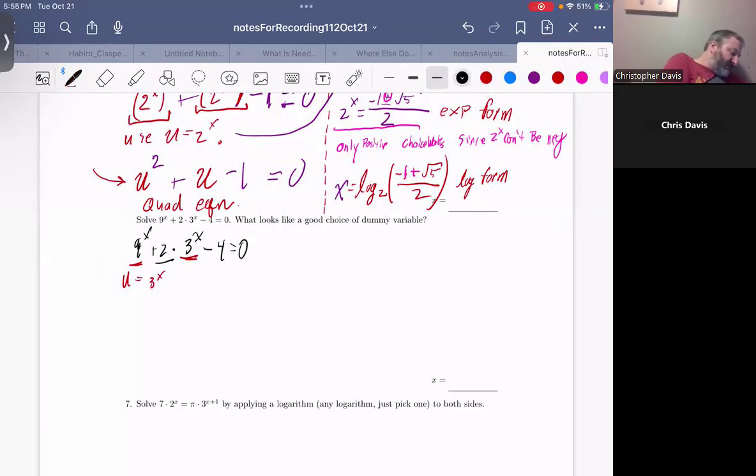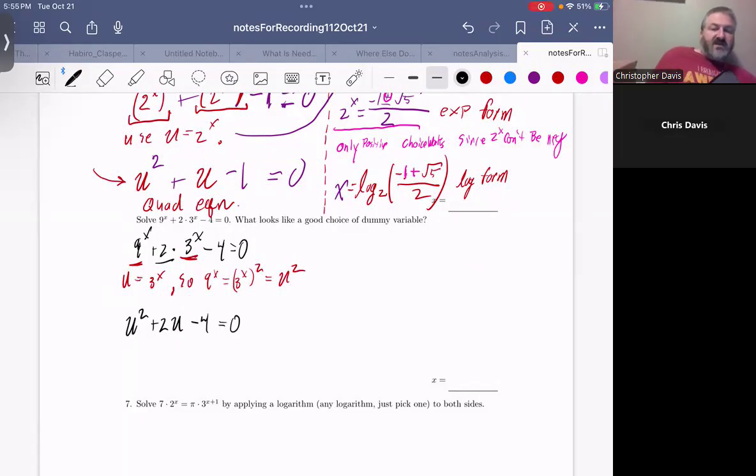And, well, let's experiment with u. So 9 to the x is equal to 3 to the x squared. Yeah, that's right, right? Exponents multiply. That is u squared. So let's make that substitution. I get u squared plus 2u minus 4 equals 0.